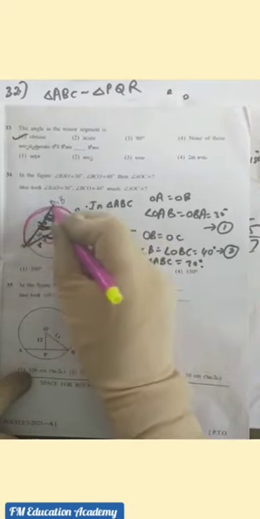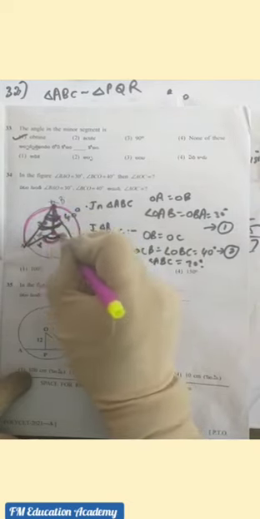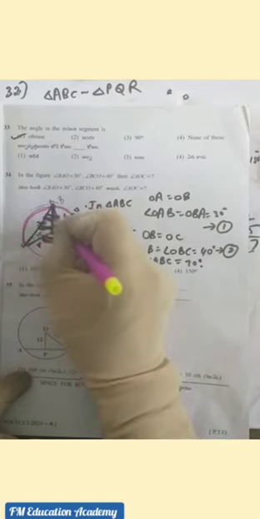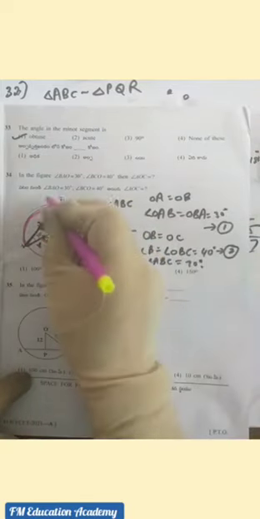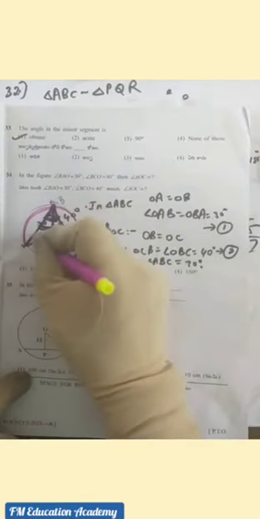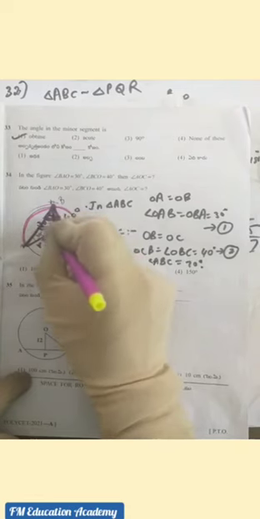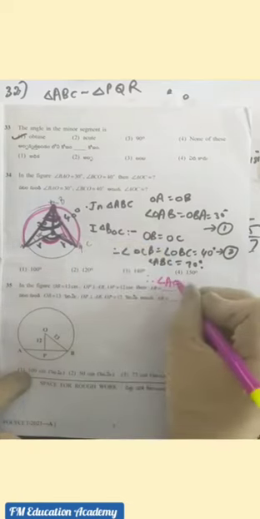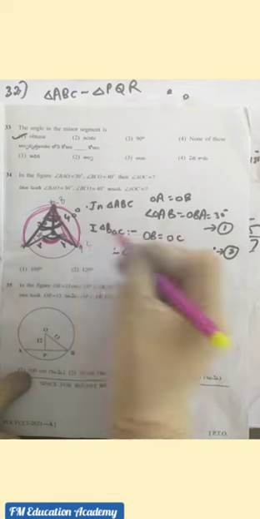If this is our arc, then this is our point. So this is our center. Whatever angle is subtending at the center, it will be 2 times the angle subtending at this point on the arc. This is my arc. So at this point of the arc, this angle will be equal to 2 times of this angle.